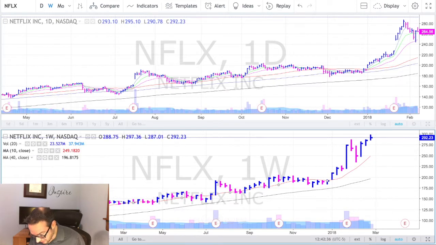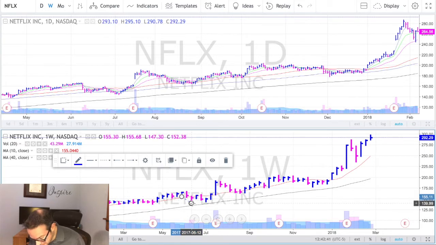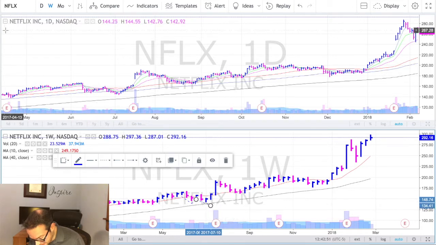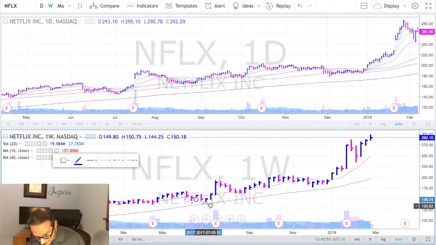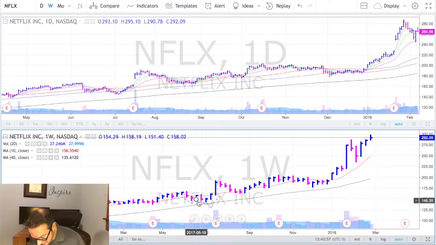Right, and let's try to draw this if this tool actually works. Okay, so we have this right here. This is going to be the first leg of the double bottom, and then here's that second leg where it undercuts that first one, and then it starts to rally.